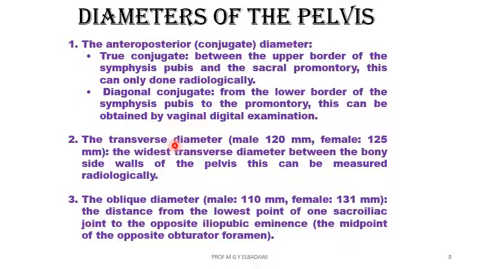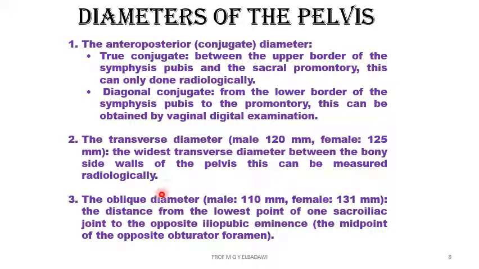The transverse diameter, which is larger in female, 125 compared to 120, is the widest transverse diameter between the side walls of the pelvis, and this can again be measured radiologically.